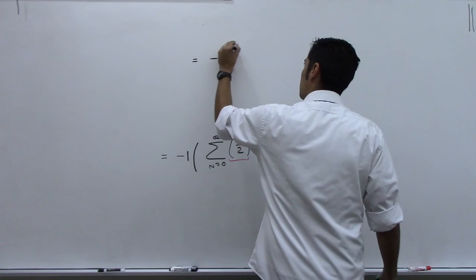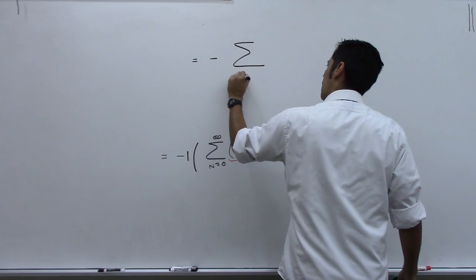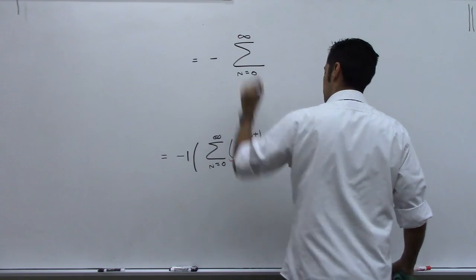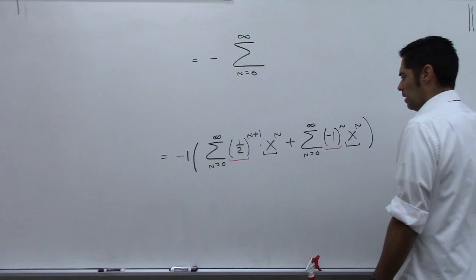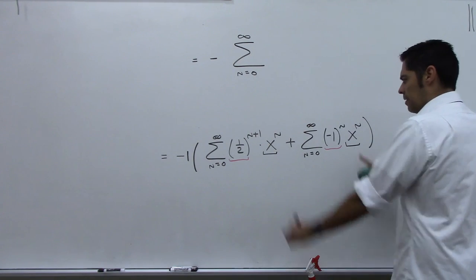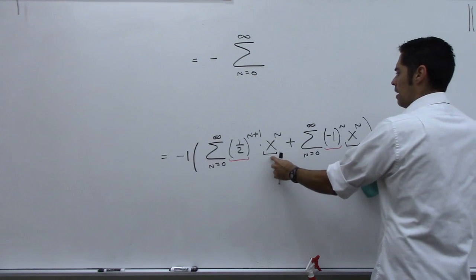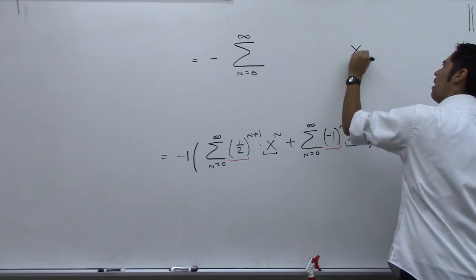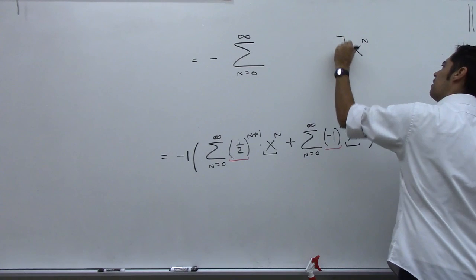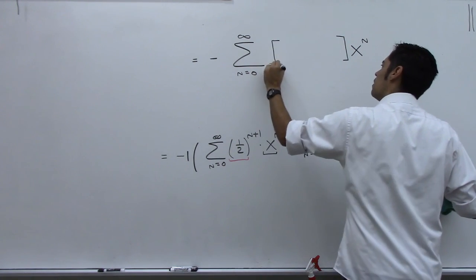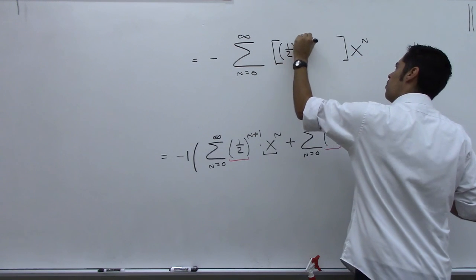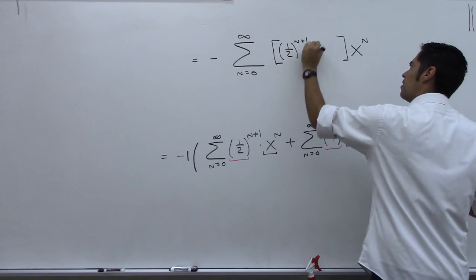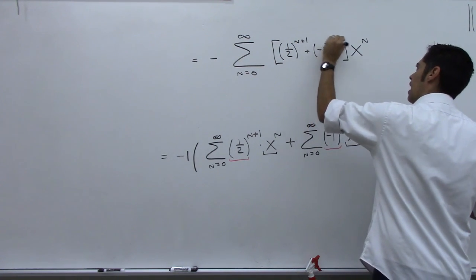Negative, okay, sum n equals 0 to infinity. So I'm looking at this as if this is a common factor. I can pull an x to the n out. And sitting in front of each of those is the 1/2 to the n plus 1, and then over here plus negative 1 to the n.